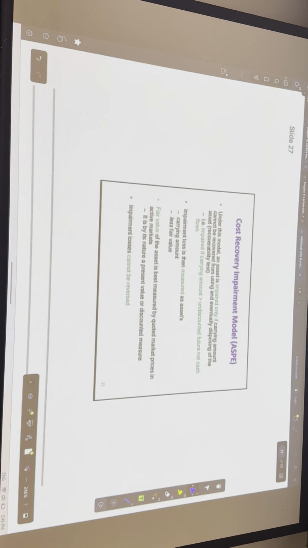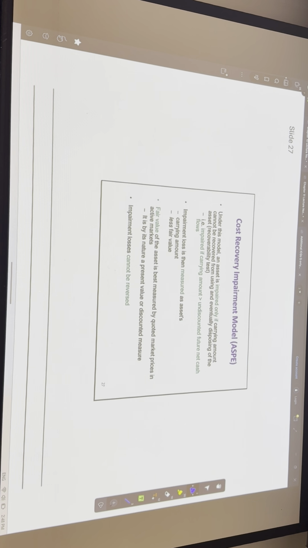ASPE says this: once you realize that these indicators exist, you're going to start the testing. The first step of the testing is to compare the carrying amount against the undiscounted cash flow. You know that an equipment will generate cash flow, and this is the net cash flow, which means revenue less expenses.